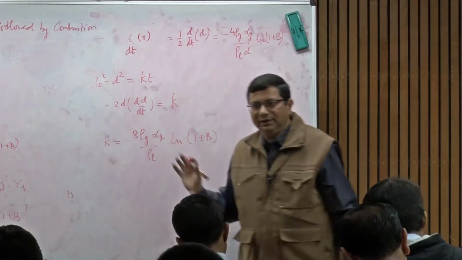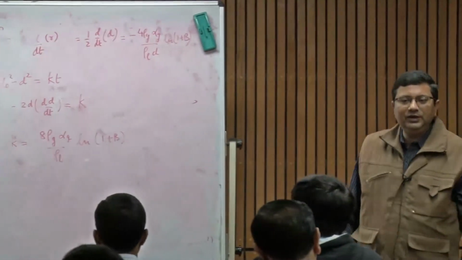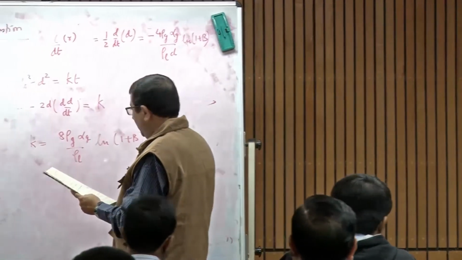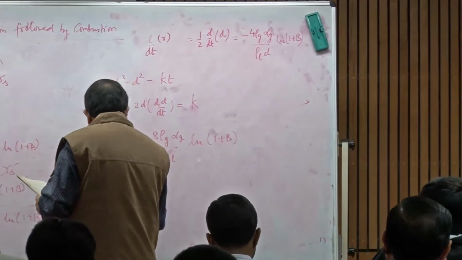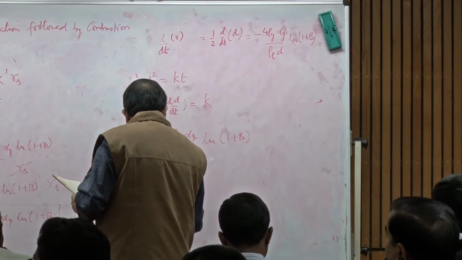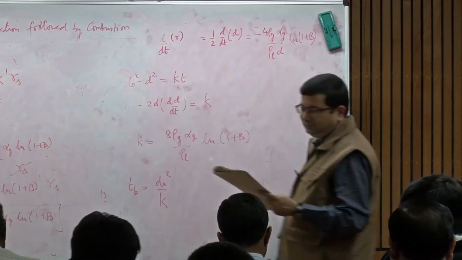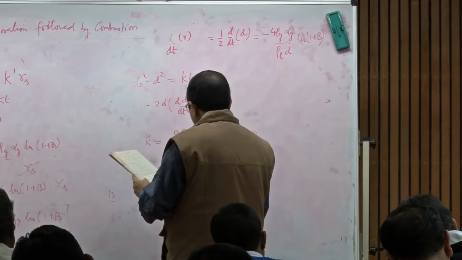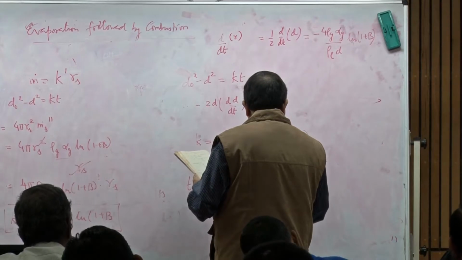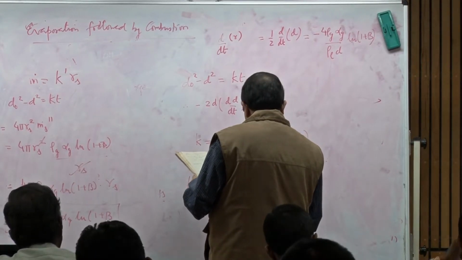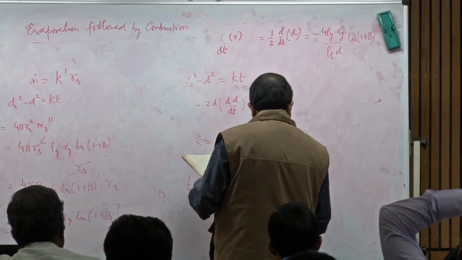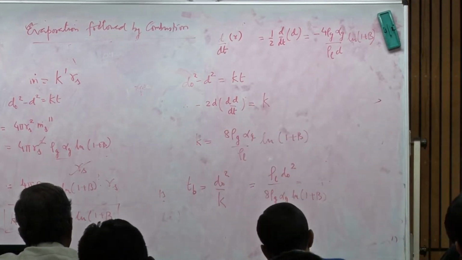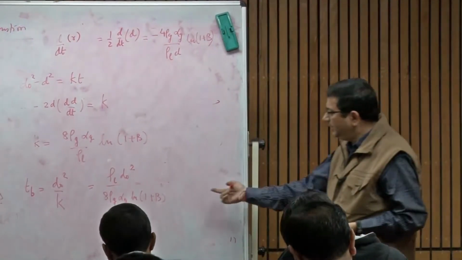We do not have to solve anything. By knowing the fuel that we are using and the oxidizer we are using, we can directly get this expression. Once we have this, we have at the beginning showed that the evaporation time is given by this, right. So, now we put it here, we will get one expression. Right. So, you see again a fairly simple solution.